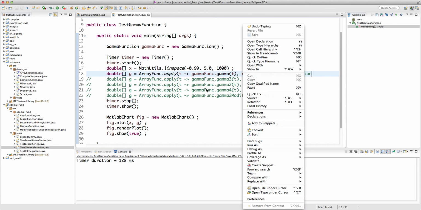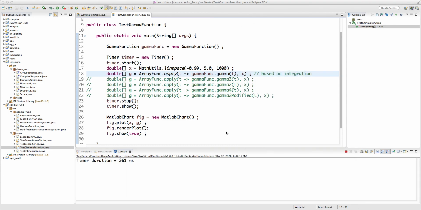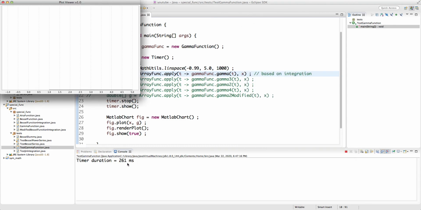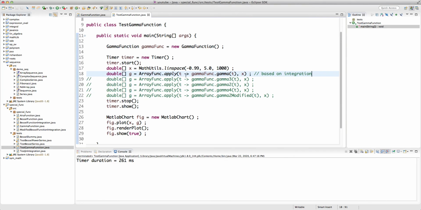This is going to be painfully slow. Let's run it. It takes 261, and obviously it blows up when we have negative numbers, or we approach 0, right? The first singularity of the gamma function is at 0. So let's try to evaluate from 1 to 5.